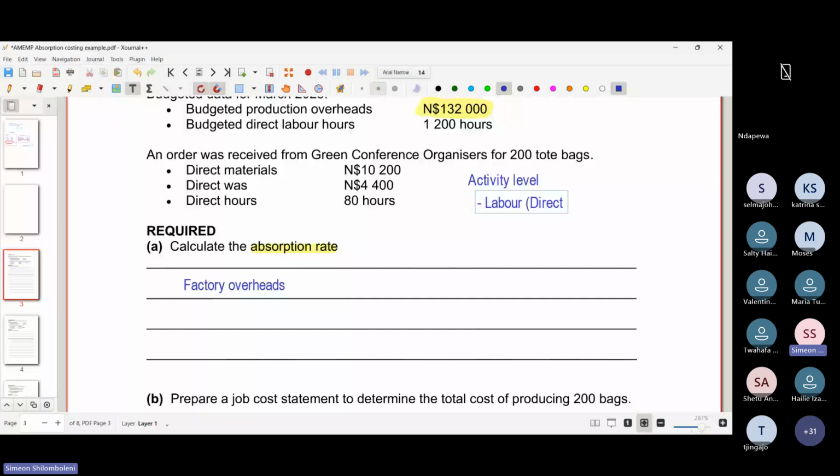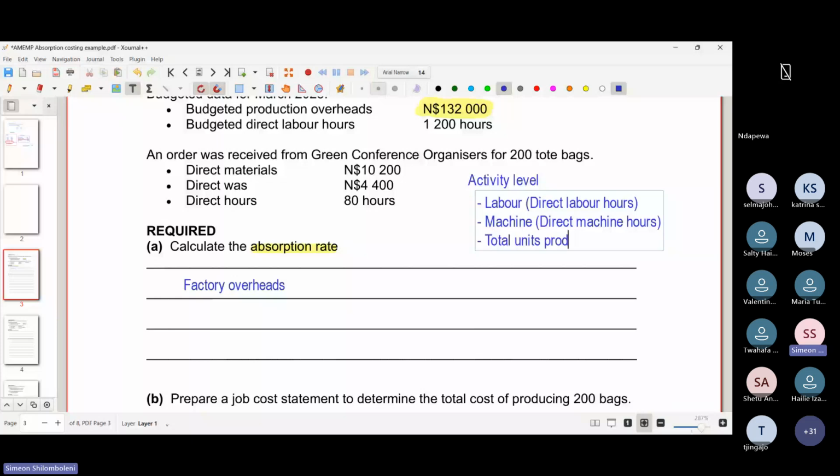Sometimes if another question will come that is going to talk about that, if you are using machines more, then you are going to use direct machine hours, which will also be given. Now, sometimes it's neither labor nor machines, but it depends on the number of units you are producing. Then you are going to use total units produced.